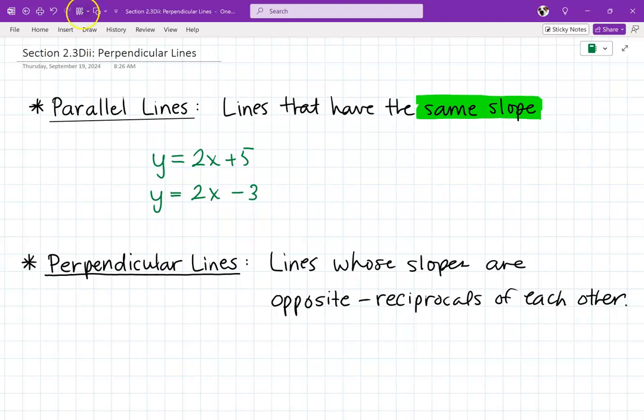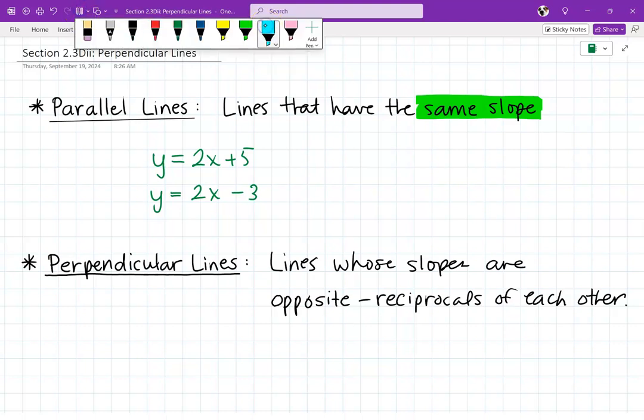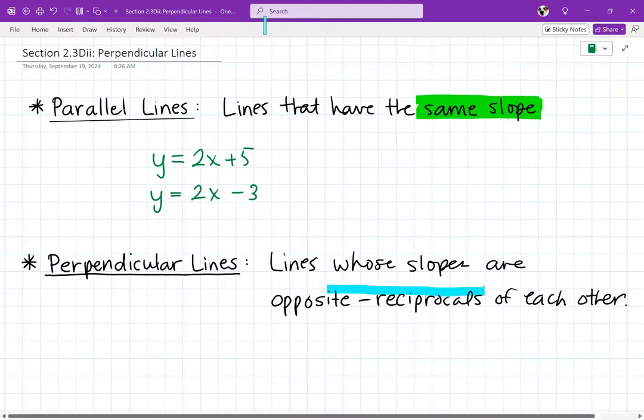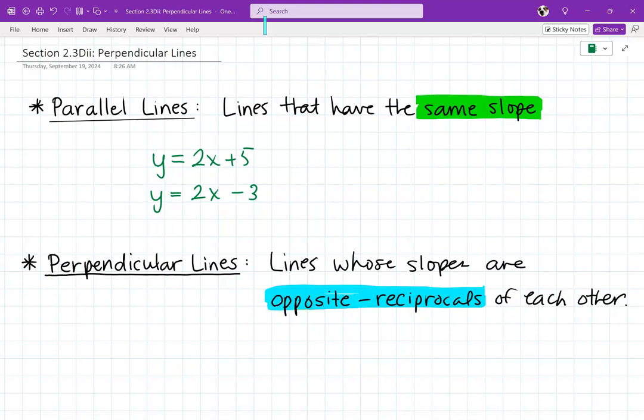Opposite reciprocals. In math, the word opposite means opposite sign. So the opposite of 3 is negative 3. The opposite of negative 5 is 5. So in math, the word opposite means the opposite sign.